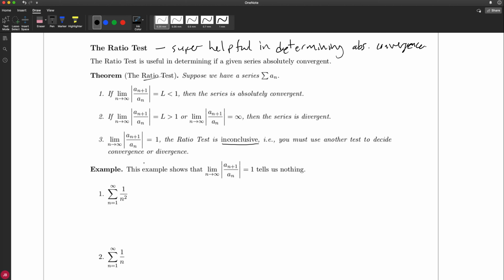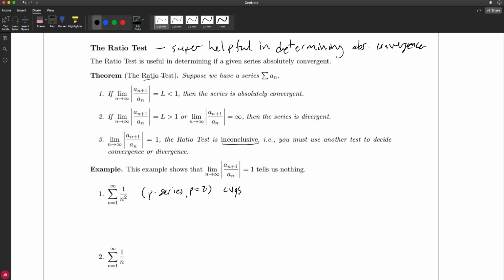So here's an example, these two here on the bottom of page 67, that show you that the ratio test giving 1 tells you absolutely nothing about the series. So here, this series here is convergent. It's a p-series with p equal to 2, and so it converges, right?